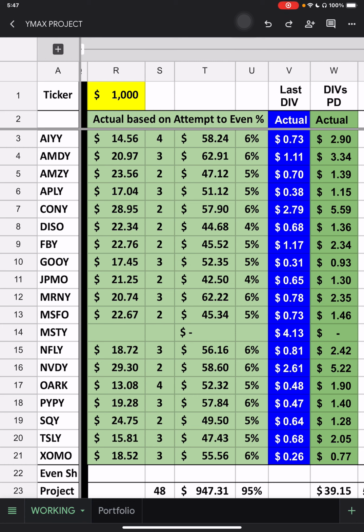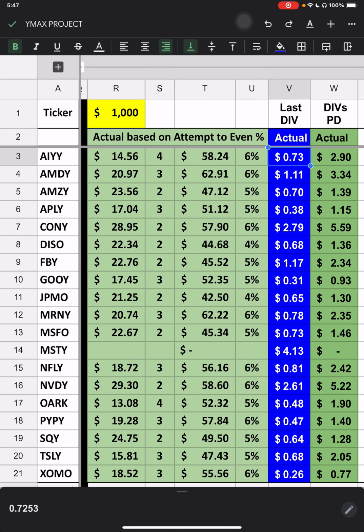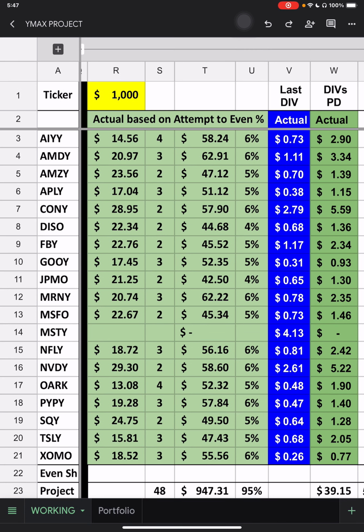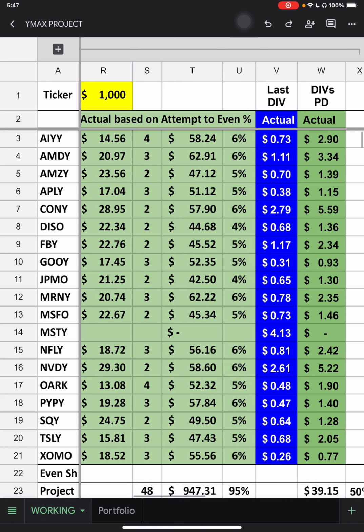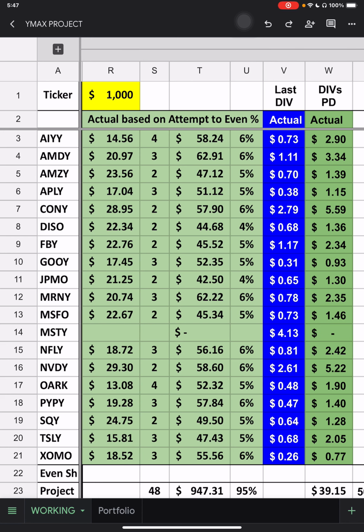But then what I've done is the last distribution here. You can see at the bottom all four decimals are there. Just for the sake of the spreadsheet and space, I just show 2 on here, but it is all there. So based on that, column W is what I actually got paid for the distribution.